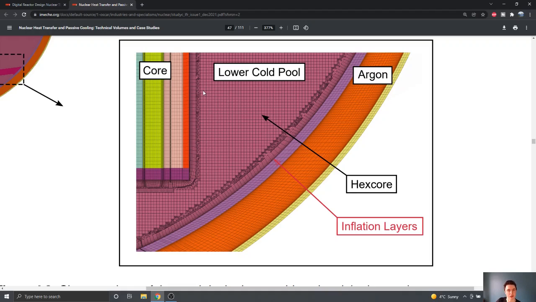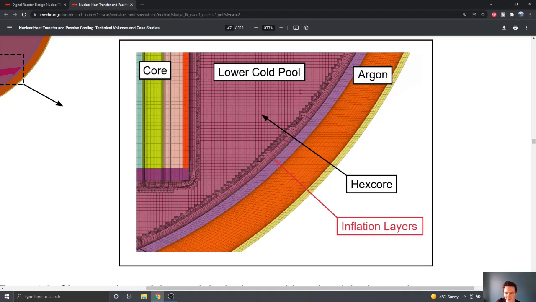but also it's going to give us a nice accurate solution as well, because part of the solution we expect in here is for our temperature to be relatively stratified. We're expecting the reactor to be quite hot near the top and quite cool near the bottom, and so actually with relatively quiescent flow in the pool.